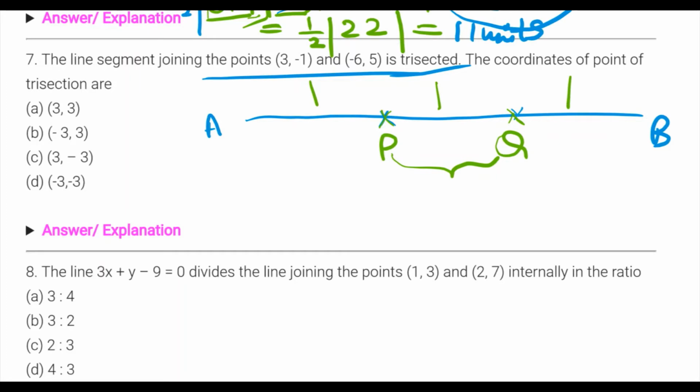If I want to find the coordinate P, then P, this is B, this is A, and my ratio is 1:2.